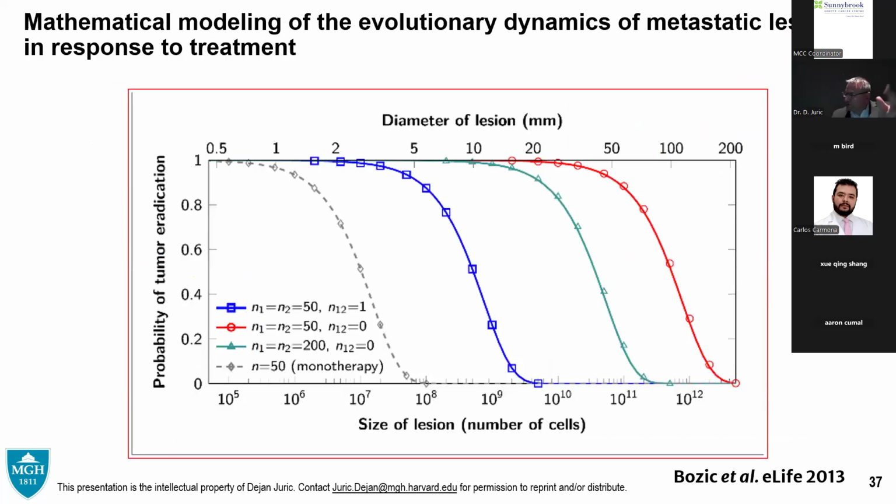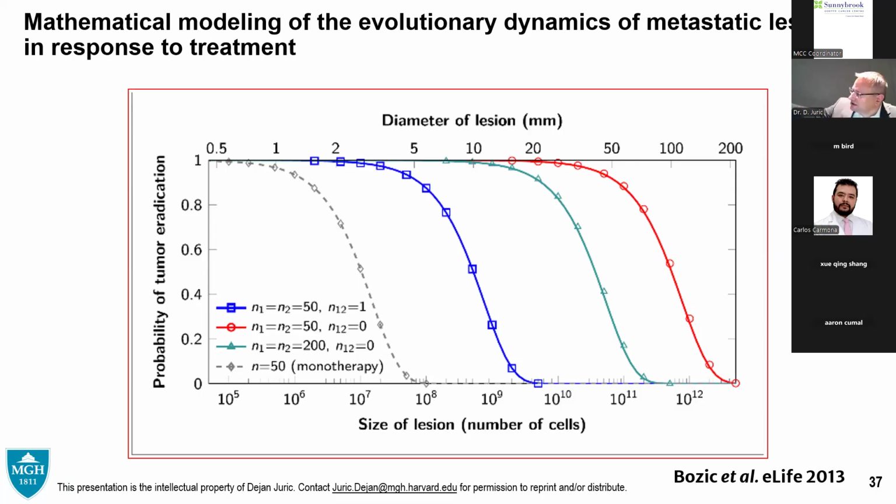And I already showed you one plot and I told you it's scary. This one is scary as well. I don't have enough time, I could talk 15 minutes about this. But what this simulation shows, and it's based on some extensive studies of the actual sizes of lesions, and then utilizing mathematical approaches to model likelihood of eradicating a lesion based on its size.